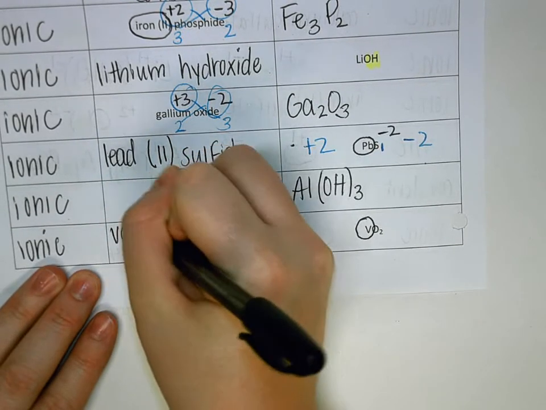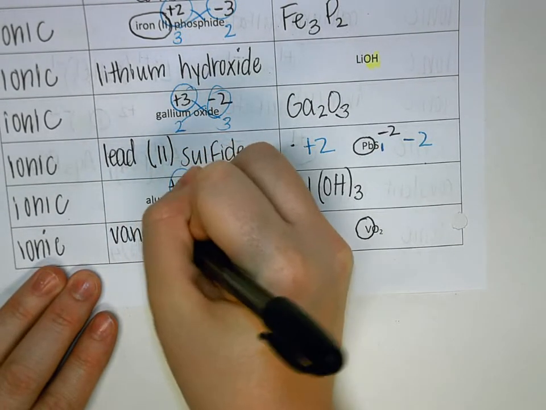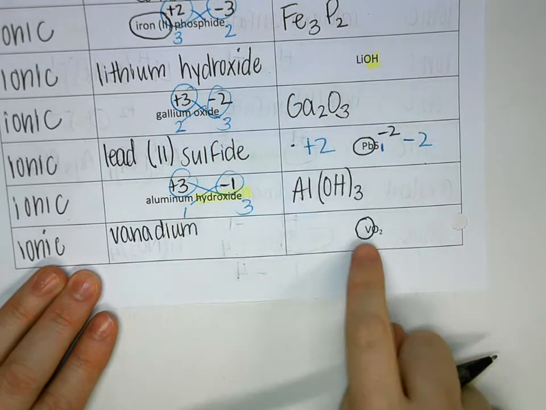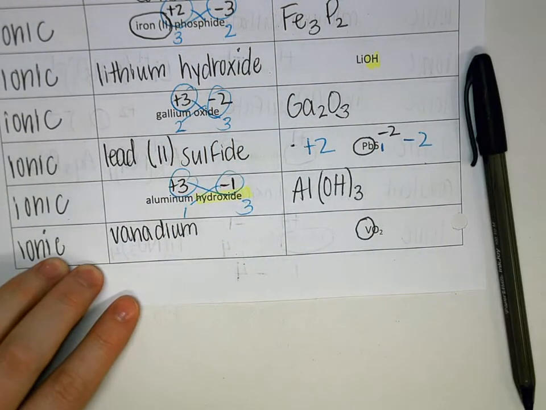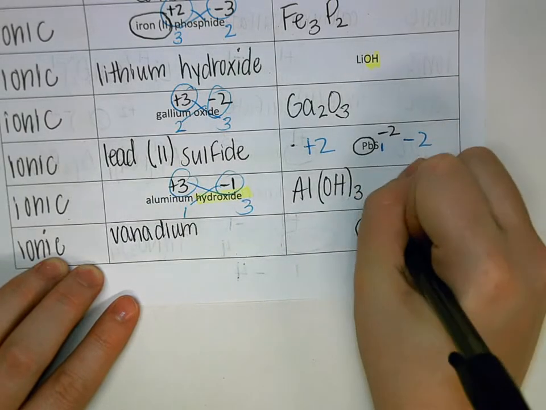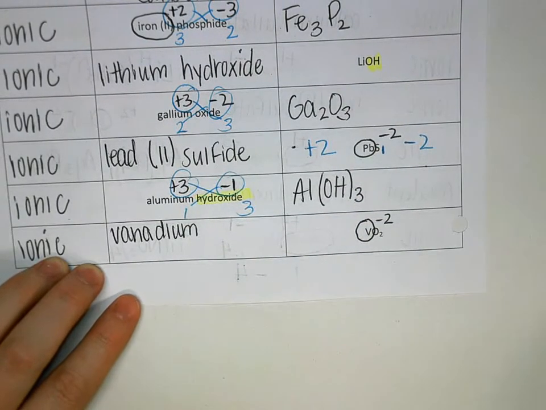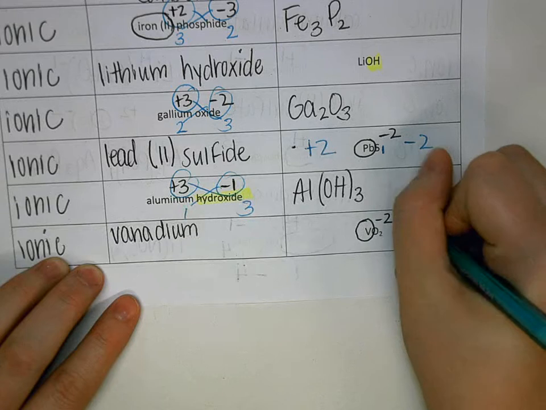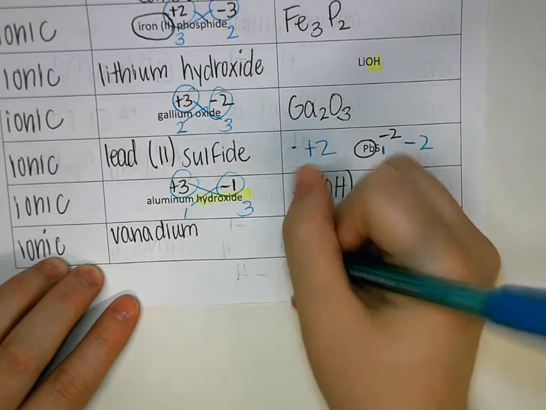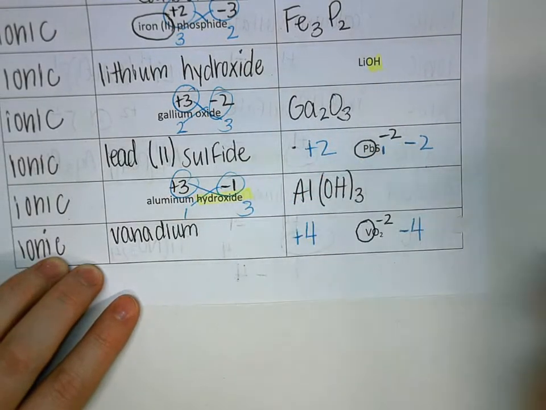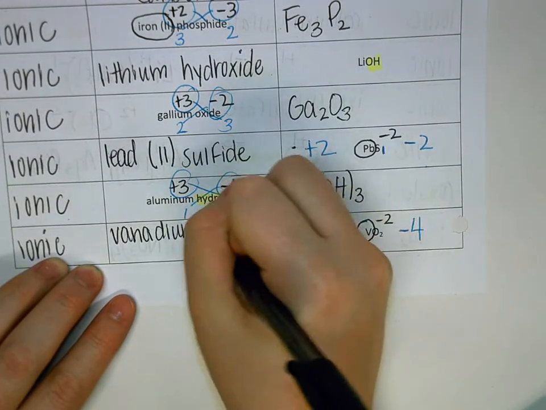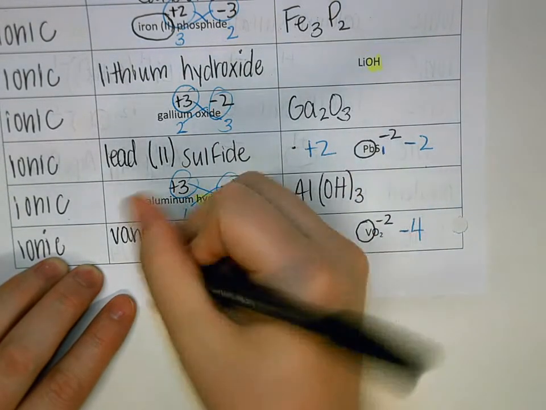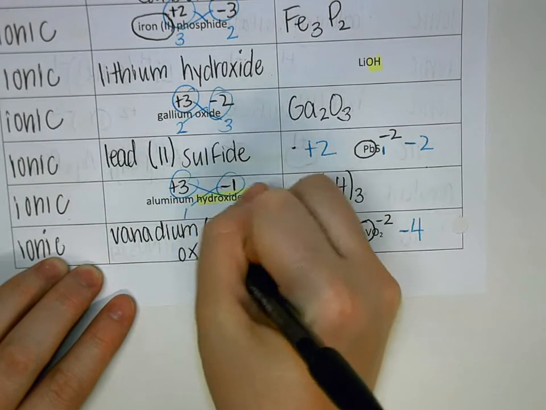So let's start out by just writing out vanadium. I got to figure out the charge on the vanadium. So oxygen has a -2 charge. There's 2 oxygens. So the total negative charge is -4, which means the charge on vanadium has to be +4, and there's only one of them. So this is vanadium 4, oxygen becomes oxide.